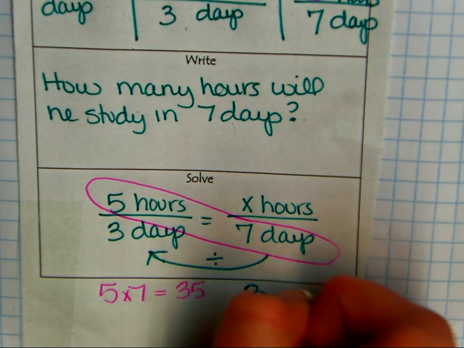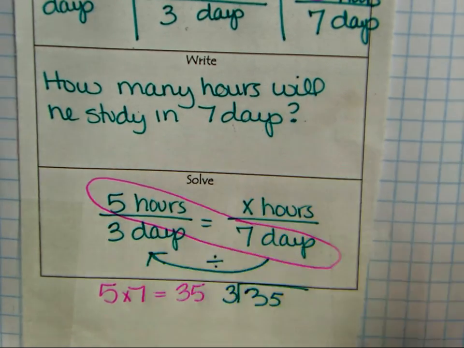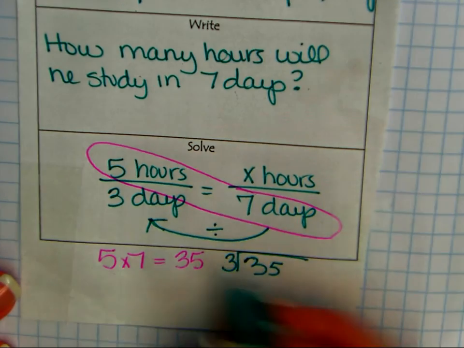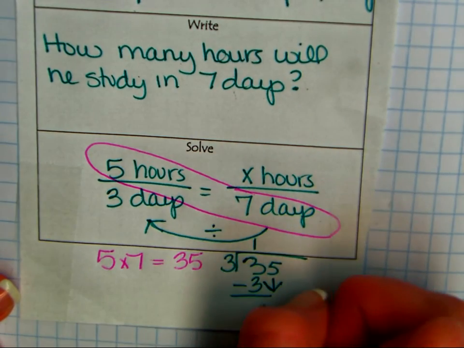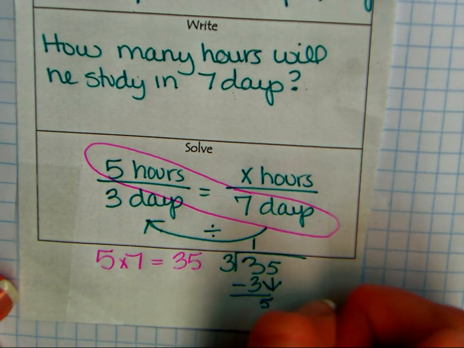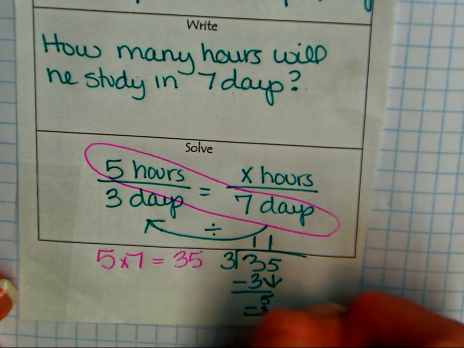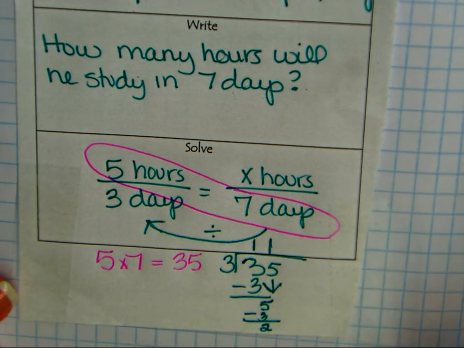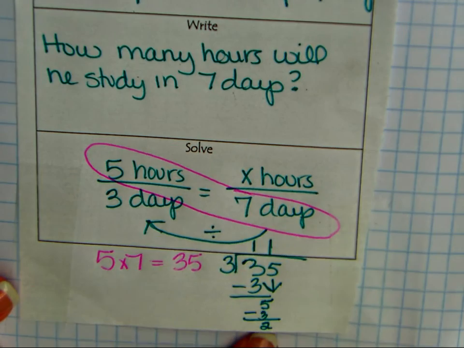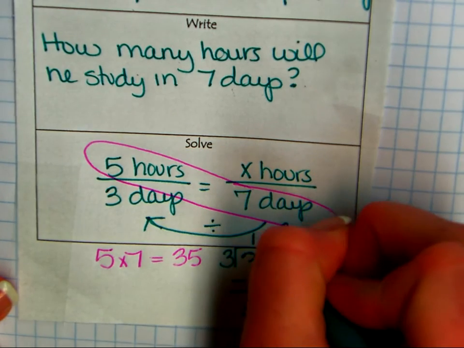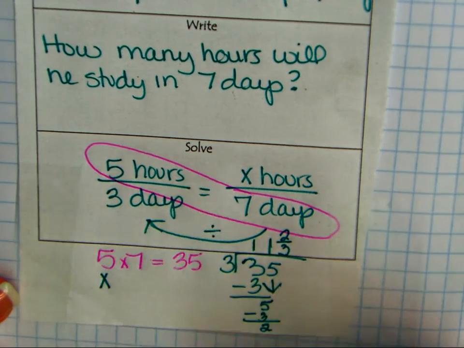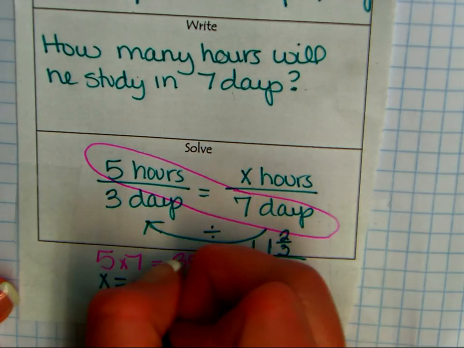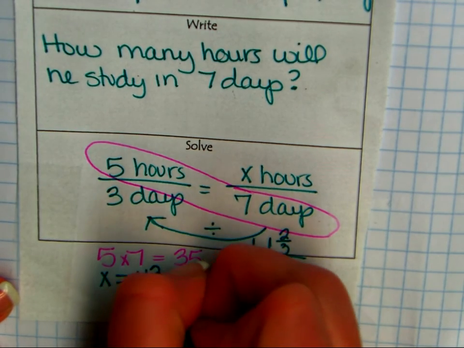So I'm going to do 35 divided by 3. 3 goes into 3 one time. 3 goes into 5, drop the 5 down, one time. I'm left over with 2, and for the sake of space, I'm just going to say that that is 2 over 3, or 2/3 left. So I end up with x, which is the hours, equals 11 and 2/3.